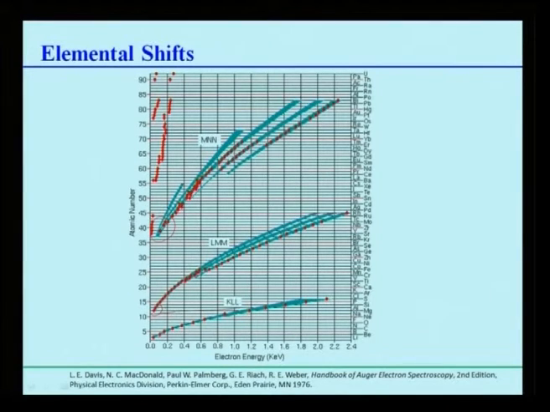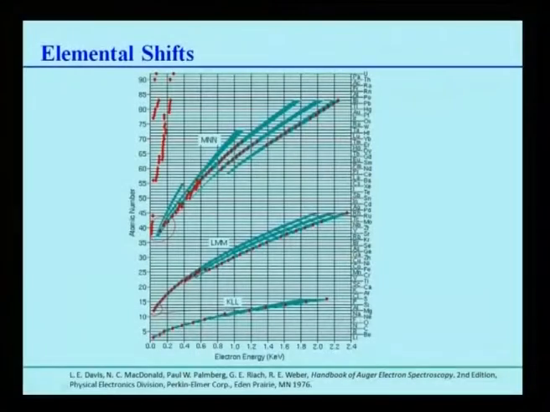So depending on this diagram, one can understand that if I have alloys, suppose between aluminum and niobium, obviously there will be chemical shift of the peaks from both aluminum and niobium because of these different transitions.